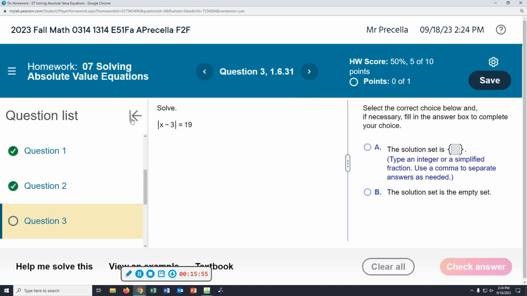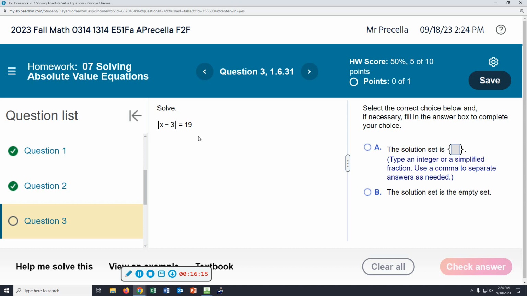Number 3. It can't all be that easy. We have an absolute value of x minus 3 is equal to 19. Here's the logic you're using too.